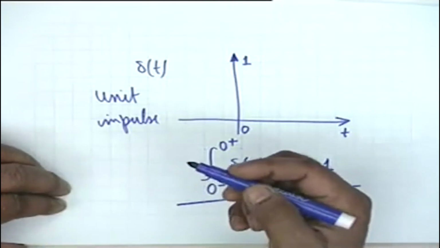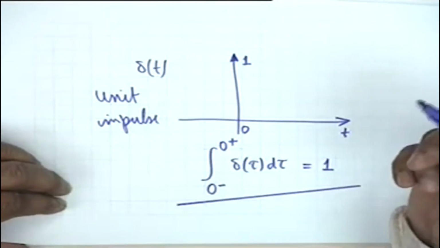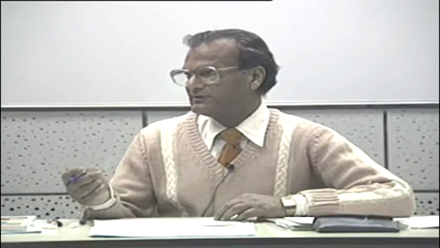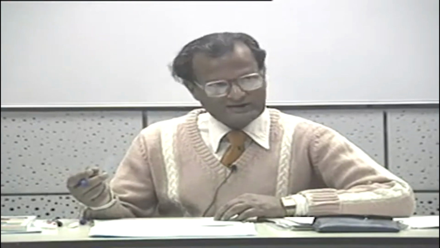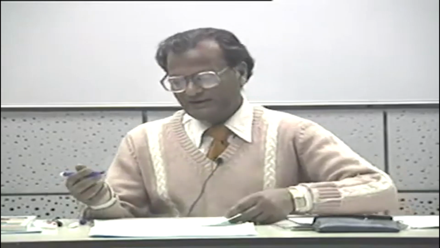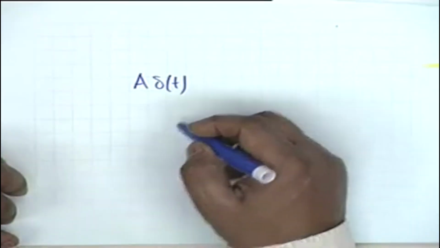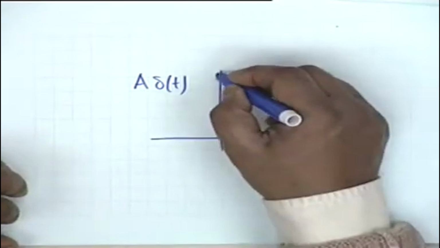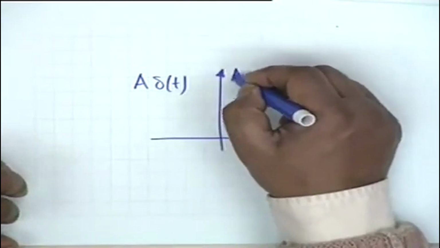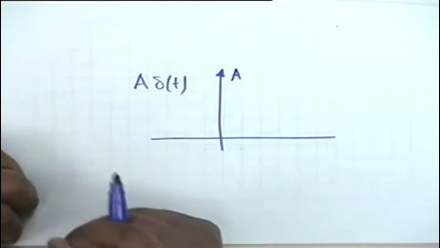If I have an impulse whose area is capital A, as in the previous voltage pulse was, then an impulse of strength capital A shall be denoted by A delta t, and it shall be represented by a solid arrow, with its strength or area.